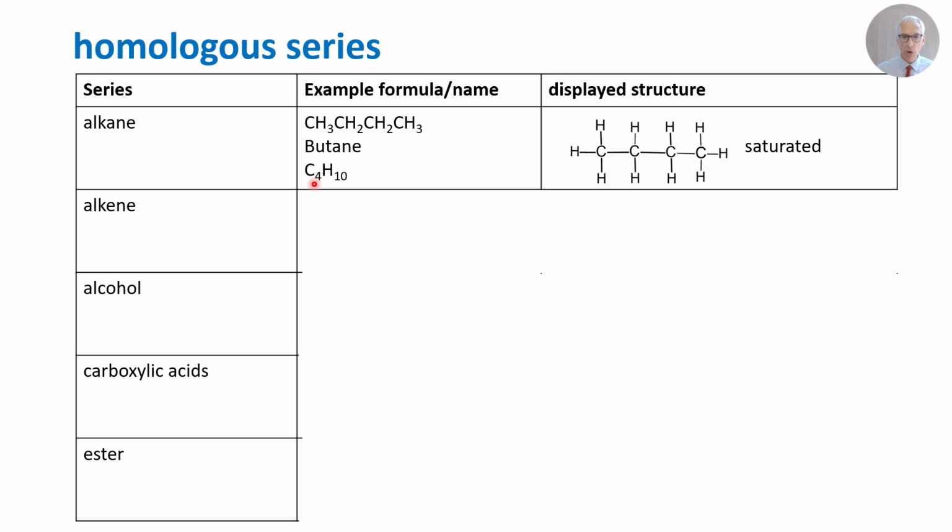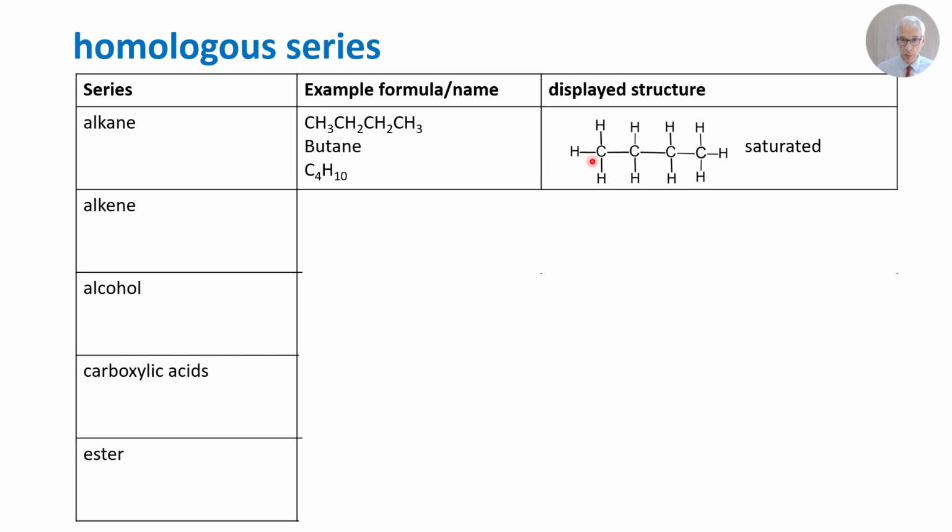Because there are 4 carbons, the stem is but. Because it's an alkane, the name ending is ane. So butane. But for 4 carbons. Ane tells you it follows the general formula of an alkane. C4H10 is the result.